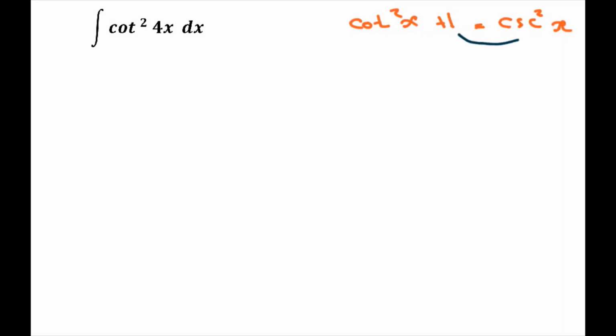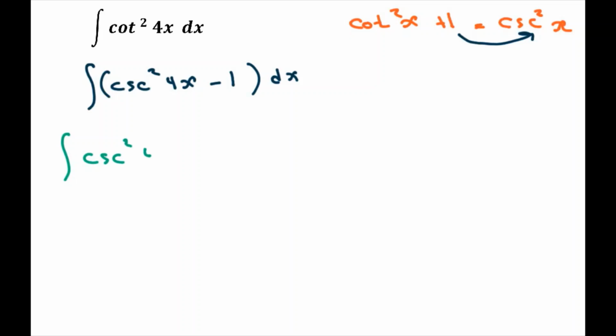Now if I move the 1, I'm going to replace cotangent squared 4x by cosecant squared 4x minus 1 dx. Now I can split cosecant squared 4x dx minus 1 dx.